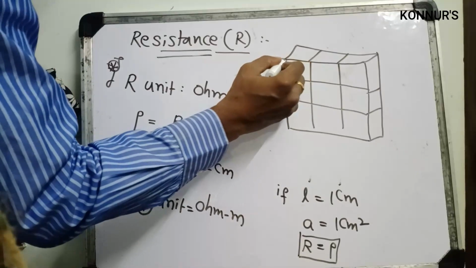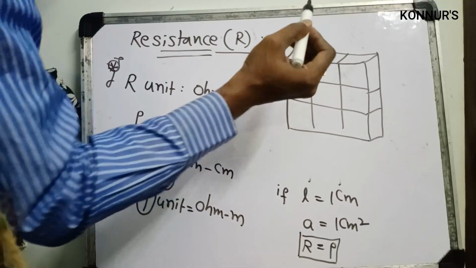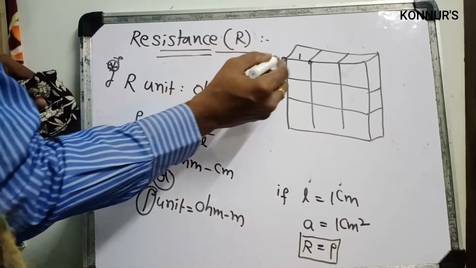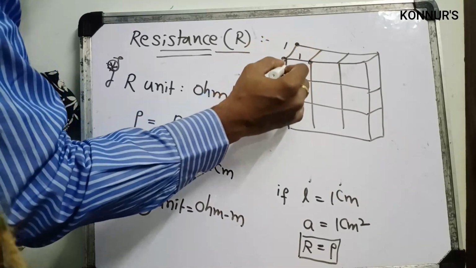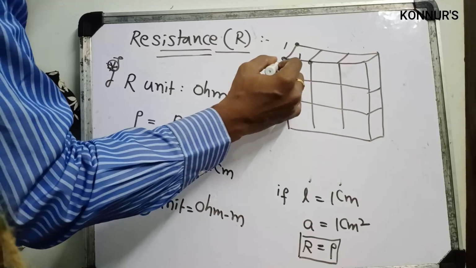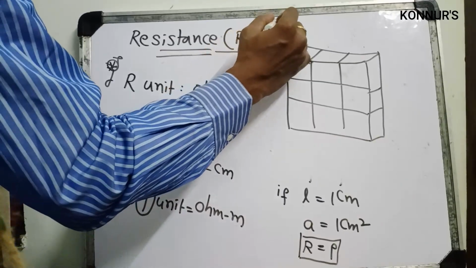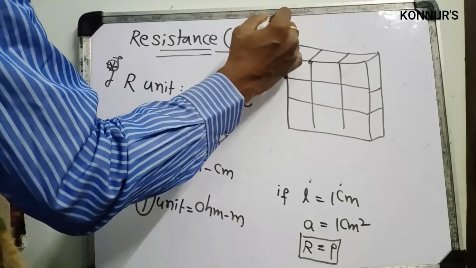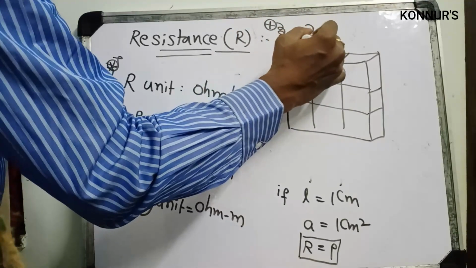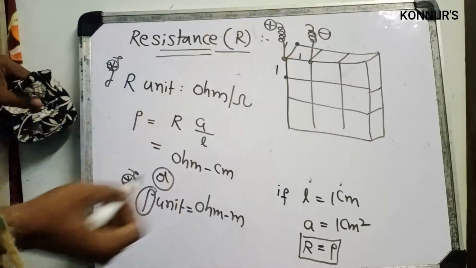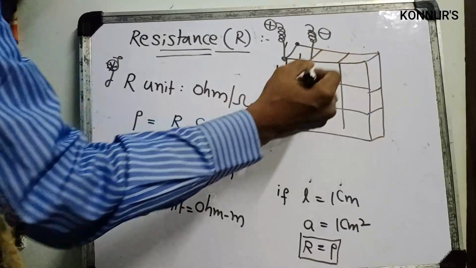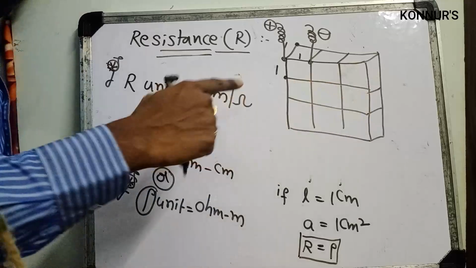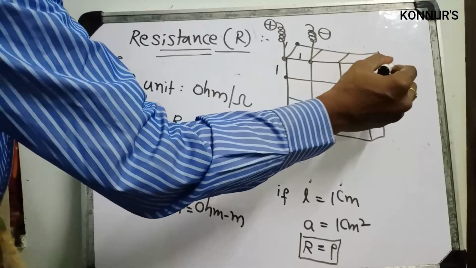Suppose the distance here to here is 1 centimeter on the x-axis, 1 centimeter on the y-axis, and suppose the z-axis also 1 centimeter. Here it is connected with positive charge and there with negative charge. See here, the total 9 boxes, and the total 9 boxes resistance is R.